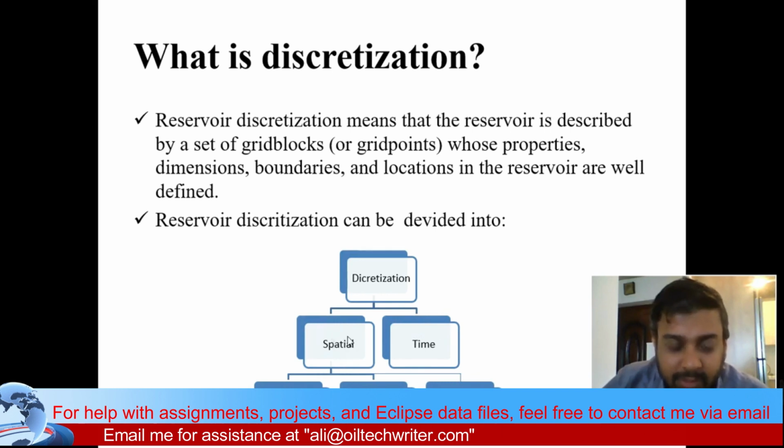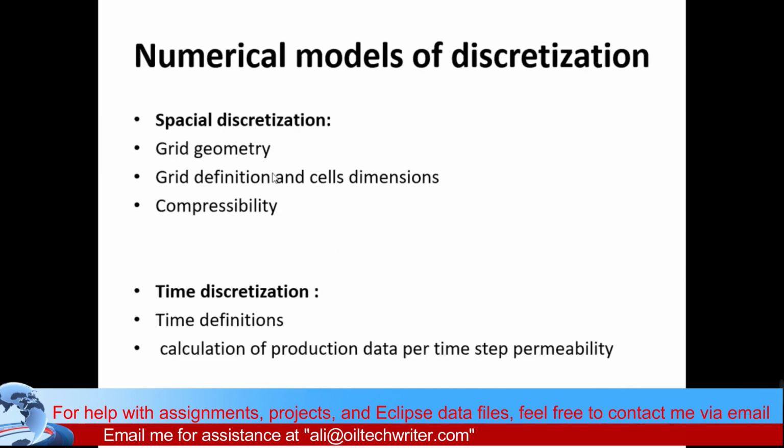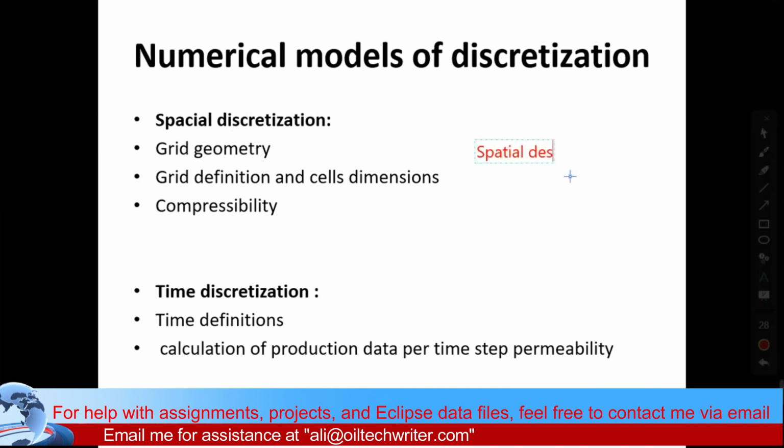The spatial discretization is based on distance. We will talk about it, and then the time one is based on time steps. So we have two kinds of discretization: spatial discretization and time discretization.